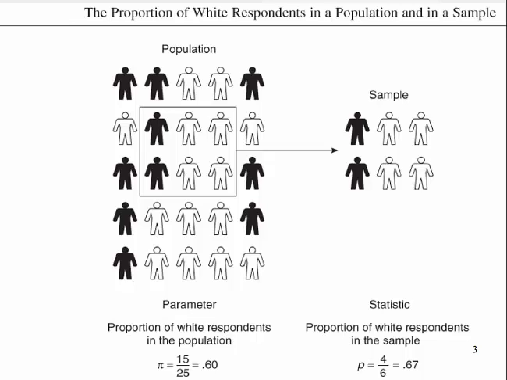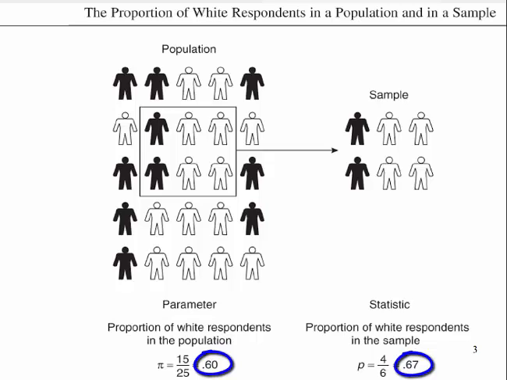We take a random sample. In this case we took 6 people from the population, and then the statistic, that is the value that describes the sample: in the sample we have 4 white respondents out of a total of 6. So you can see that the proportion of white respondents in the sample, 0.67, is very close to the actual parameter of 0.60.